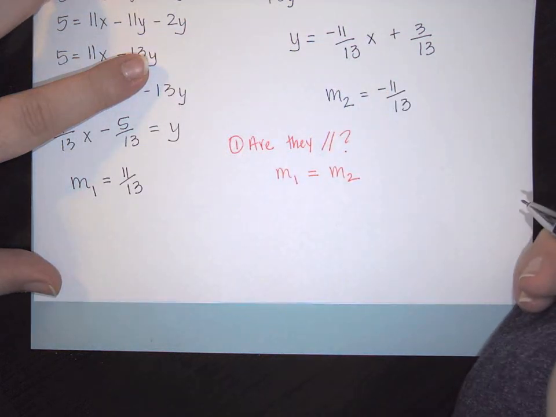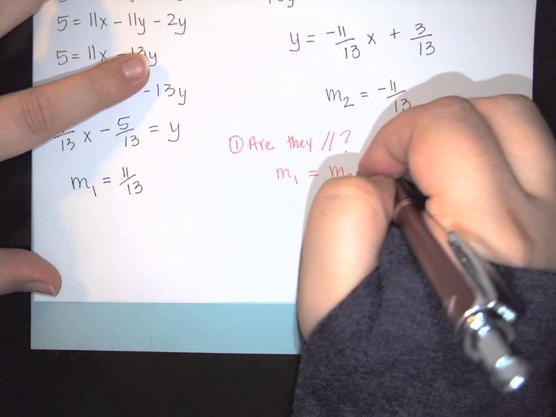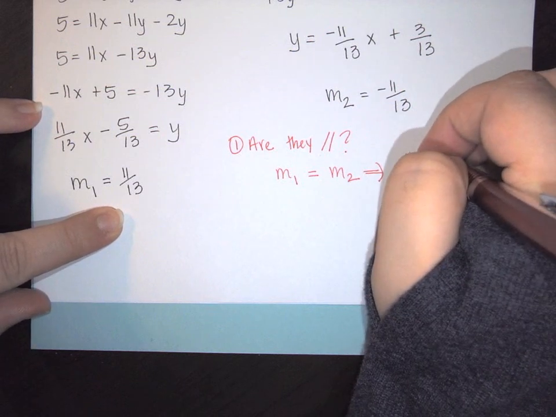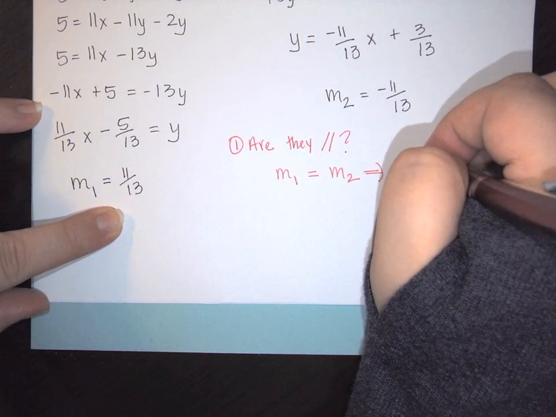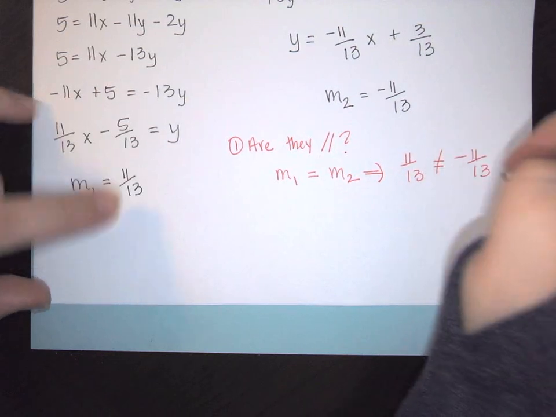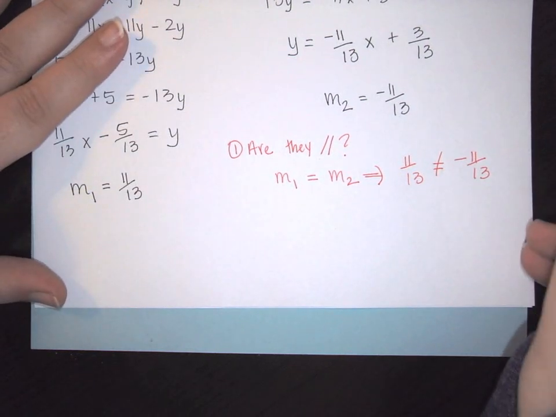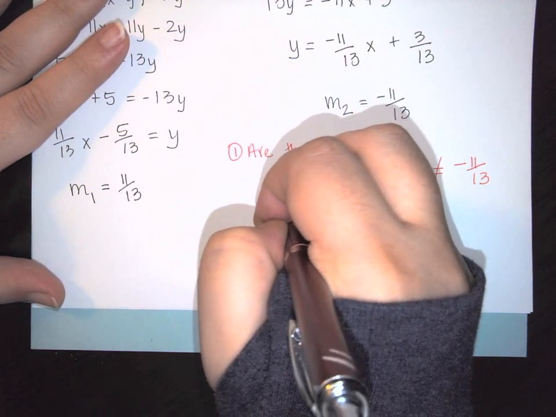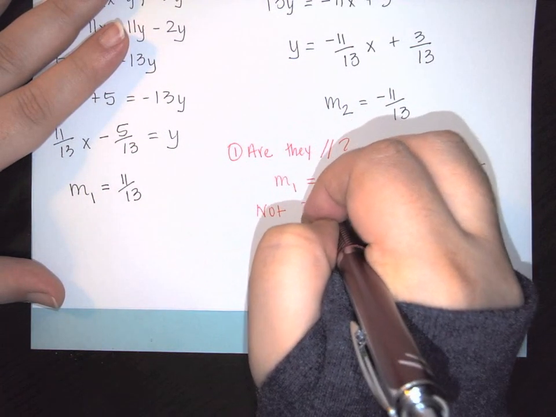And does that happen? Well, in our case, my first m1 is 11 over 13, and it does not equal negative 11 over 13, so they are not parallel. So here what this says is that this is not parallel.